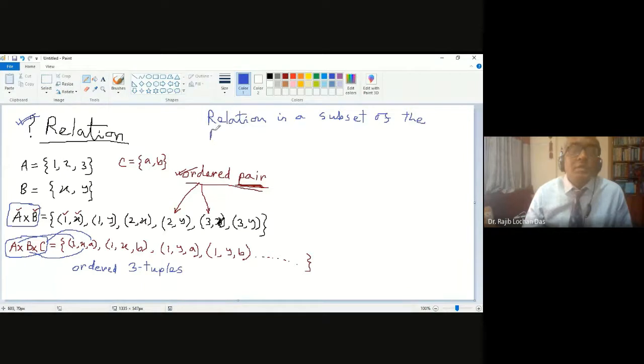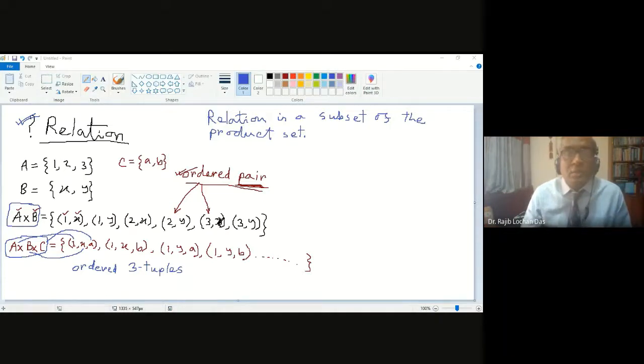You already know what a subset is. If you take some elements from the product set, that will be called a subset.